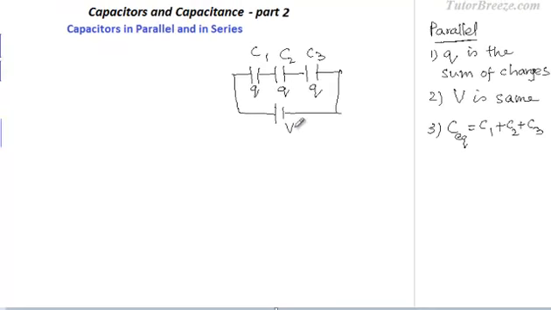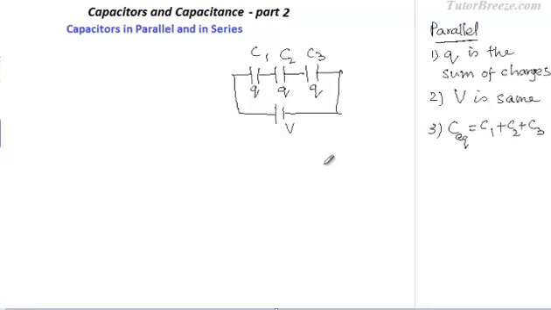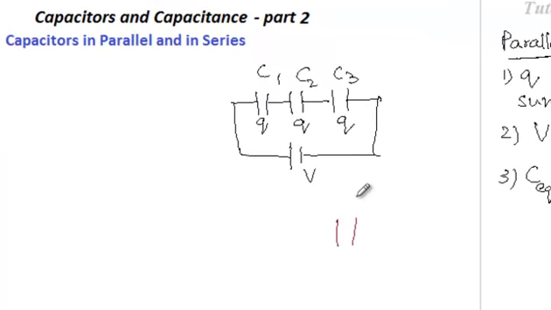Now let's understand how these charges are created. Let's look at this plate first, because this is connected to the negative end of the battery. On C3, this end is going to have an excess of electrons. When this has an excess of electrons, it induces an equal positive charge on the conductor placed close to it.